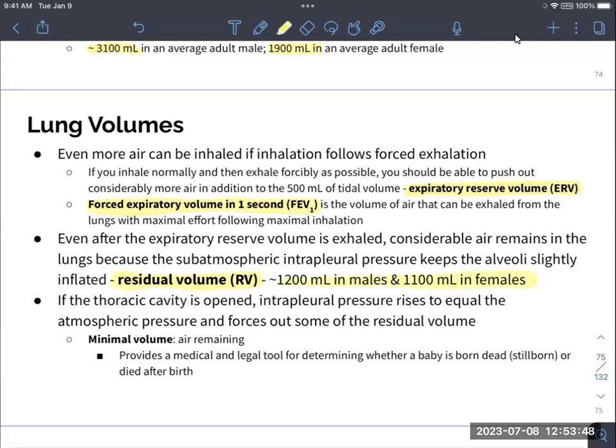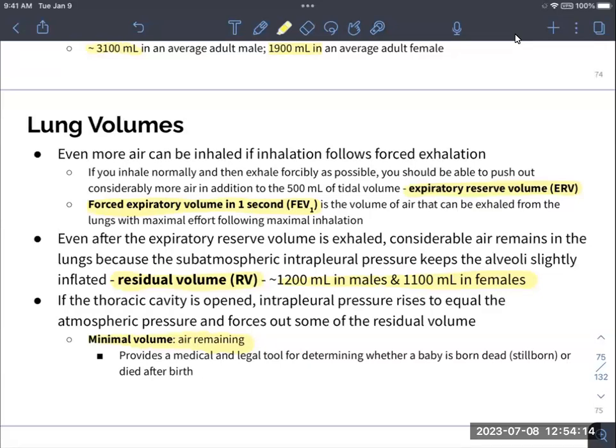We also have this minimal volume, which is any air that is remaining. And this minimal volume of air is actually used to help determine if babies were stillborn or if they died after birth.